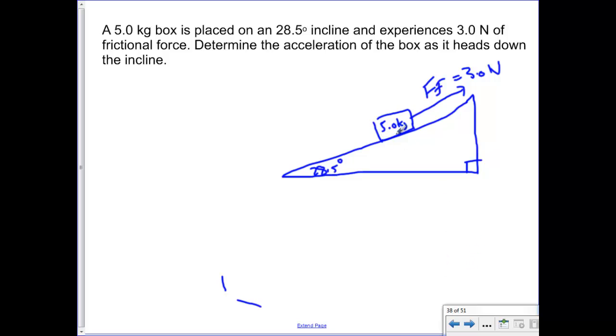What other forces are acting on this box? Well, gravity is pulling straight down. There's also a normal force, if you need to find it, which we don't in this example, going at an angle off to the side there.